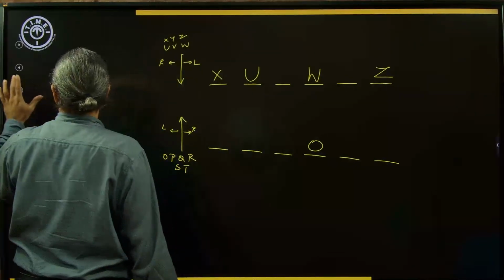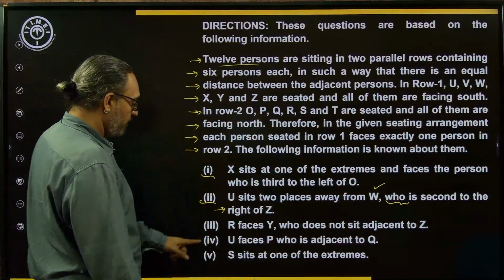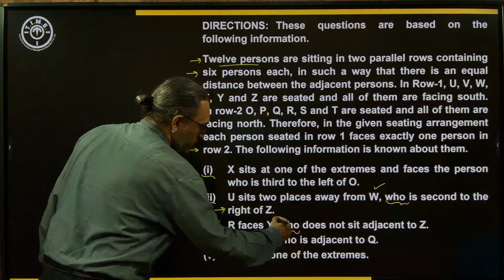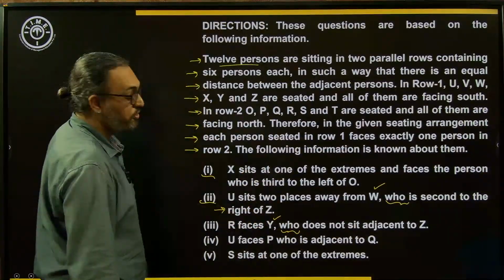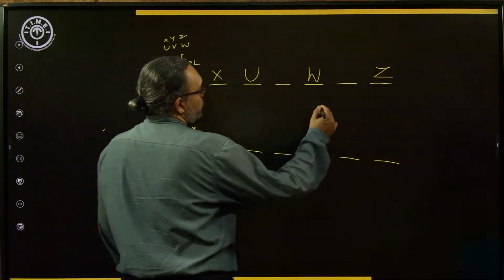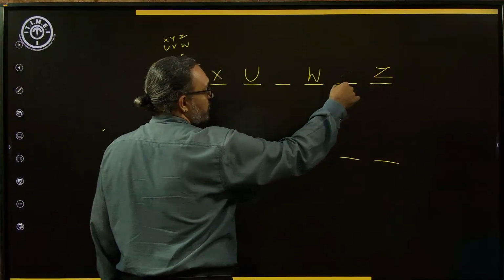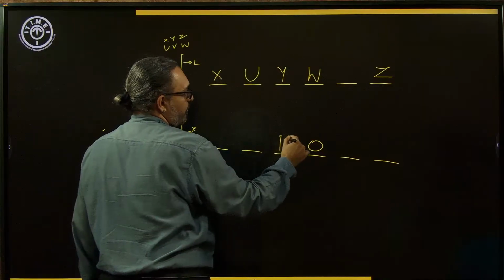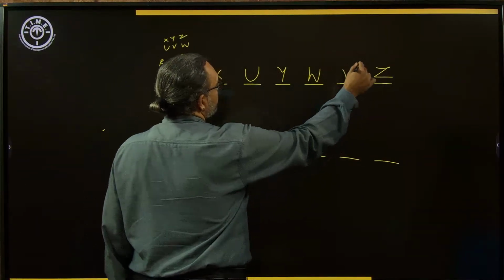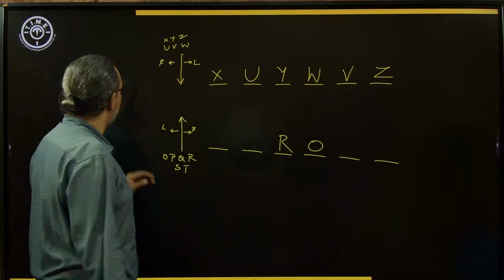Okay. Right. And then we have R faces Y, who, again, who means person just before, does not sit adjacent to Z. So Y does not sit adjacent to Z. So Y will be here and R will be here. That means the remaining person you have is UV. So V will be put there. Correct?